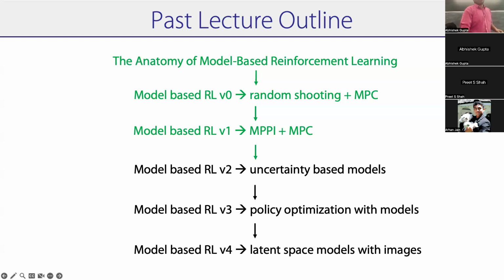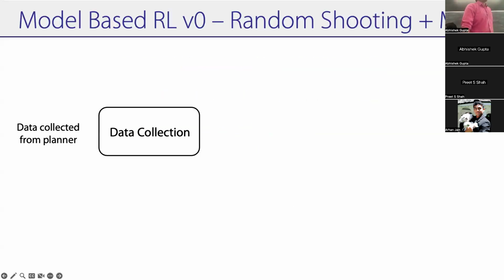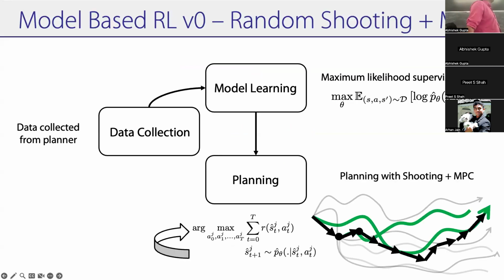Okay, so to continue recapping a little bit, we have the basic anatomy of a model-based RL algorithm. You collect a bunch of data. You train a one-step model with supervised learning, maximum likelihood, and then you do planning to find the best series of actions from a particular state, which maximize the reward under your learned model P theta hat, right?